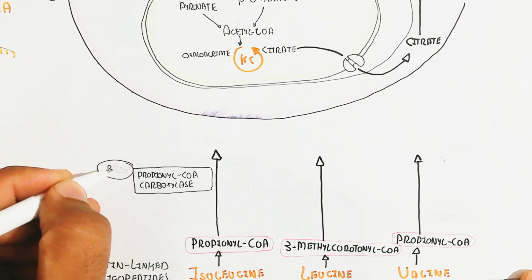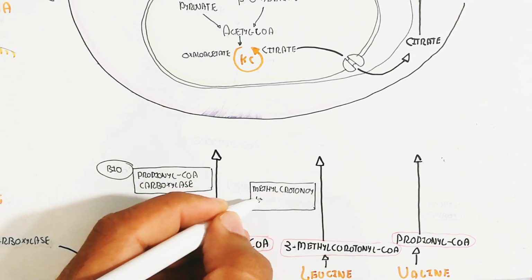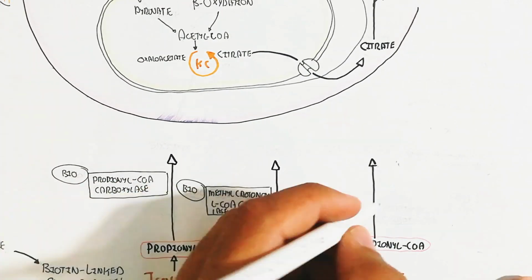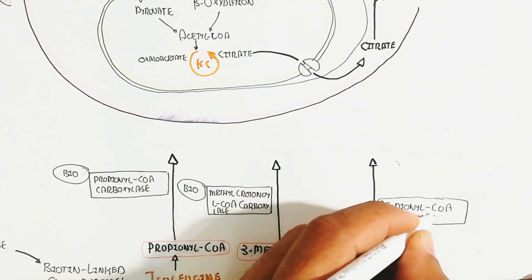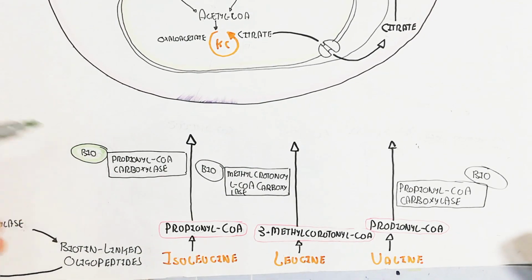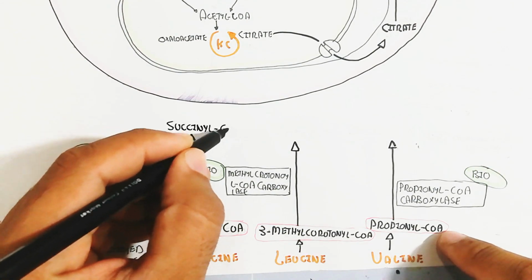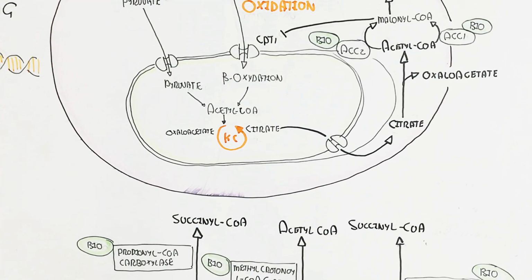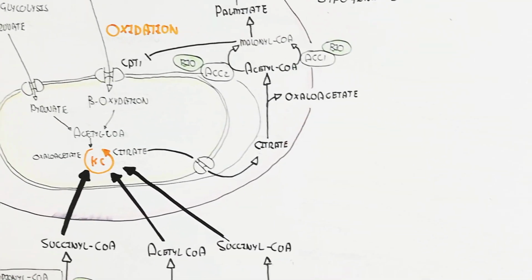These intermediary molecules, in the presence of propionyl CoA carboxylase with biotin added as a cofactor, trigger the production of succinyl CoA. For 3-methyl crotonyl CoA, the 3-methyl crotonyl CoA carboxylase enzyme with the cofactor bound produces succinyl CoA and acetyl CoA.